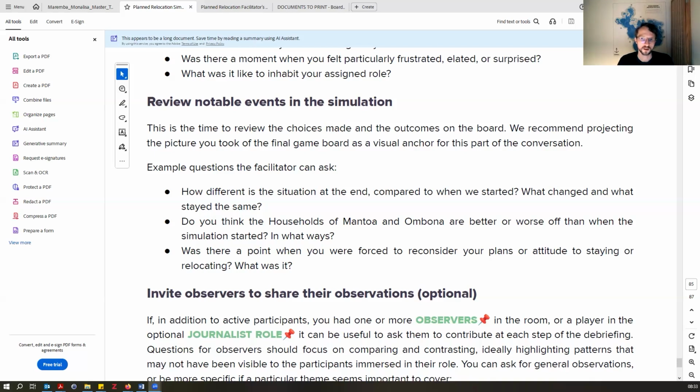If the participants don't pick up on anything, which is unlikely, you can point out particular moments of tension or big decisions that they seem to have made that you saw during the simulation, and ask a very open-ended question like what was happening there, what was the discussion about, so that people bring up their own interpretations. The important thing here is just to get people to share how they experienced it.